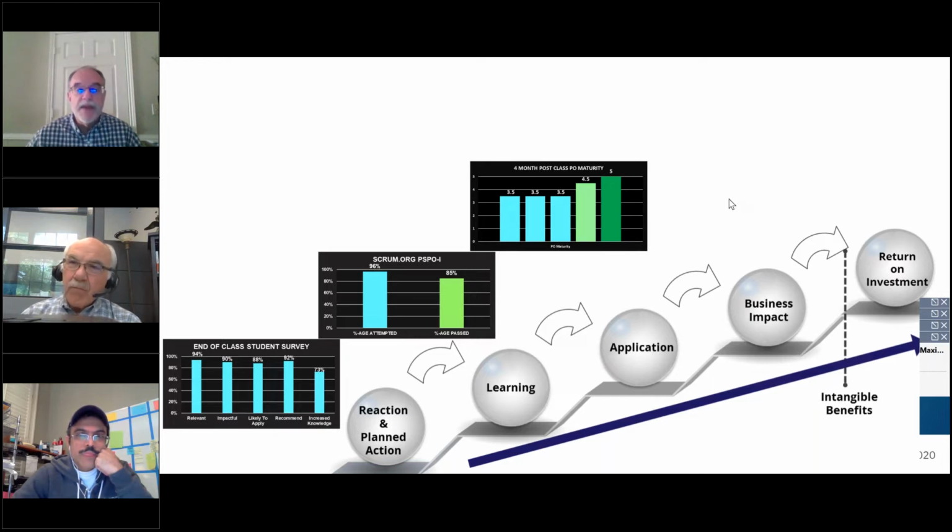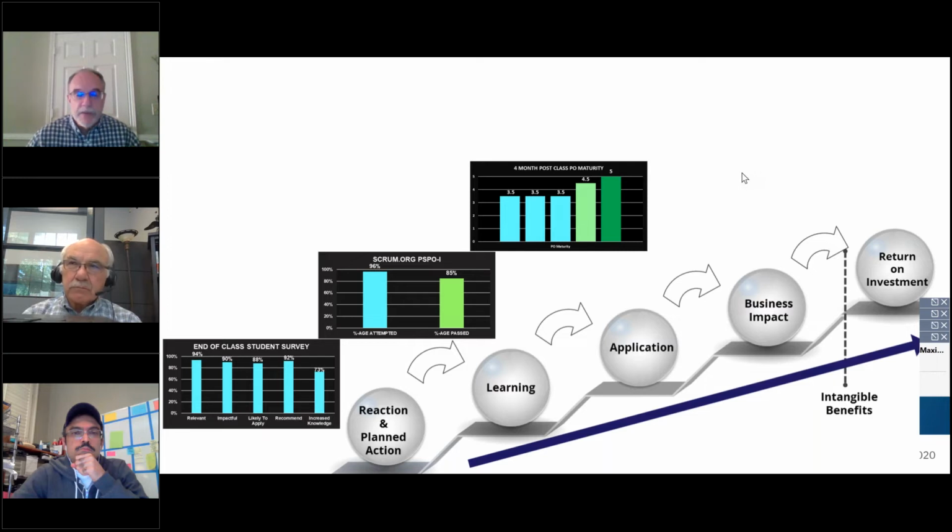So then the next metric that we looked at was the application. And our primary application metric was how well the product owners were doing in our product owner maturity assessment model. And again, as I said, we had a scale of 1 to 5, and we ranked the product owners before and we ranked them after.